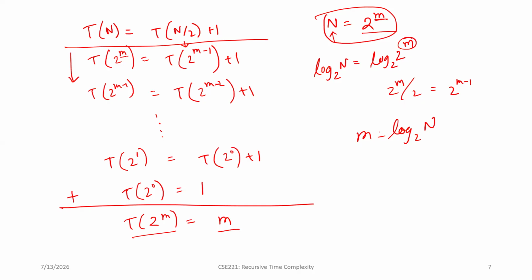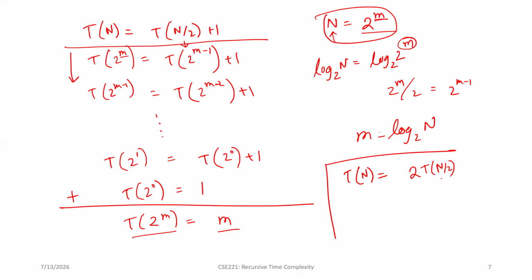So there you go. A few more examples in this format would be to figure out the time complexity of merge sort using this. The first step is always to write down the recurrence relation. In merge sort, we divide the array into 2 equal halves and we apply recursion on both sides.